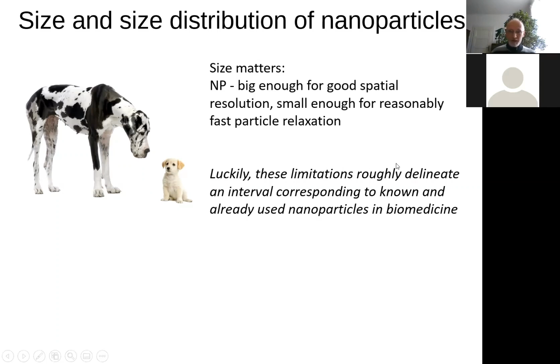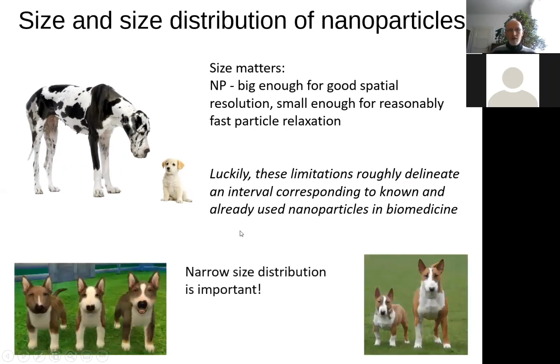Luckily, these limitations roughly delineate an interval corresponding to particles which are already used in biomedicine. Of course, the size of the particles should be taken into account from the point of view of toxicity and biocompatibility. So we need particles with a size around 30 nanometers, which is still okay from the biological point of view.